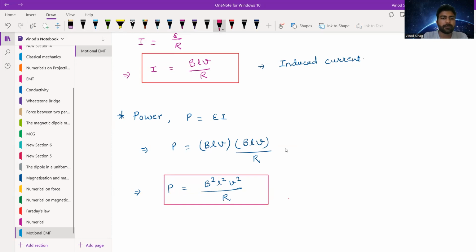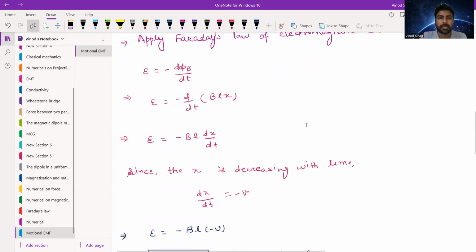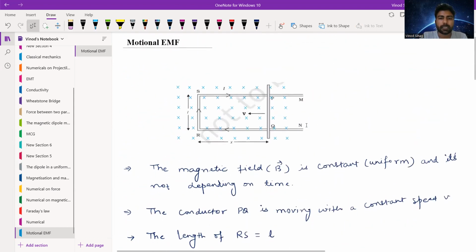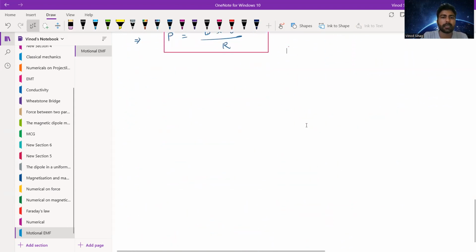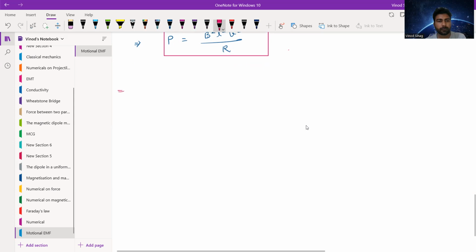Now, if someone wants to find out the force acting on the conductor PQ, that also we can find out. We know another equation of power, so let me write that. Since we know that power is force times velocity, from here we can find force, that will be power upon its velocity v.